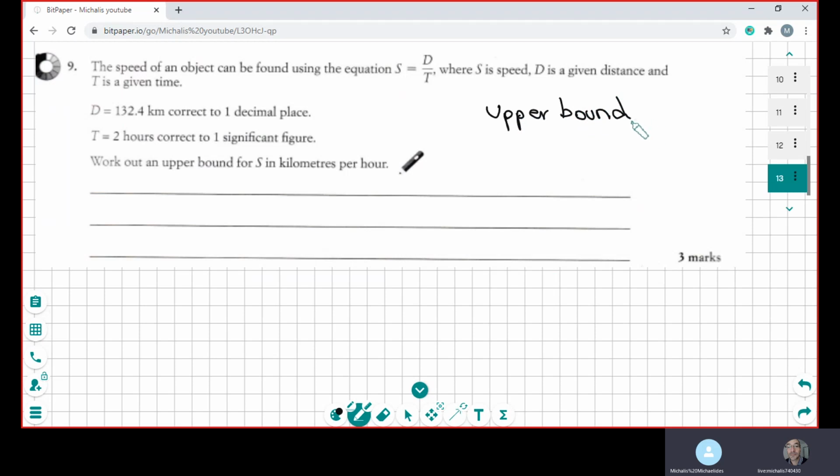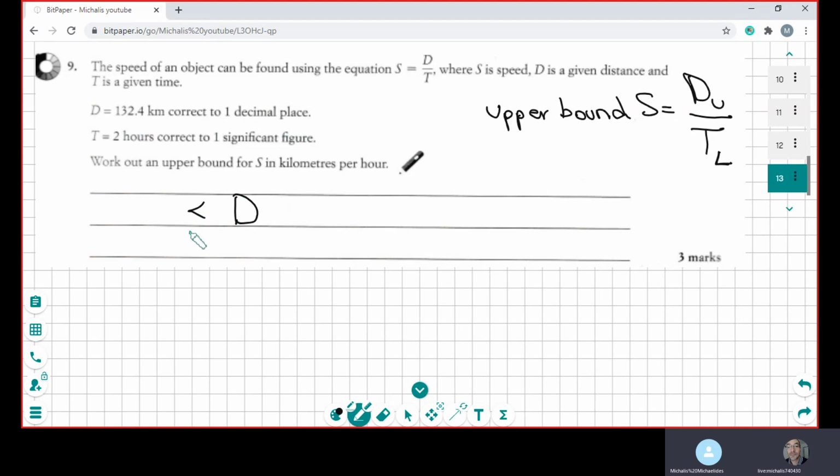Remember, to take the upper bound of s, I need to take the higher upper bound of d, the distance, divided by the lower bound of t. So it's necessary to find the bounds of d and t separately and take these values. So I try to find the bounds of distance. Distance is rounded to one decimal place.